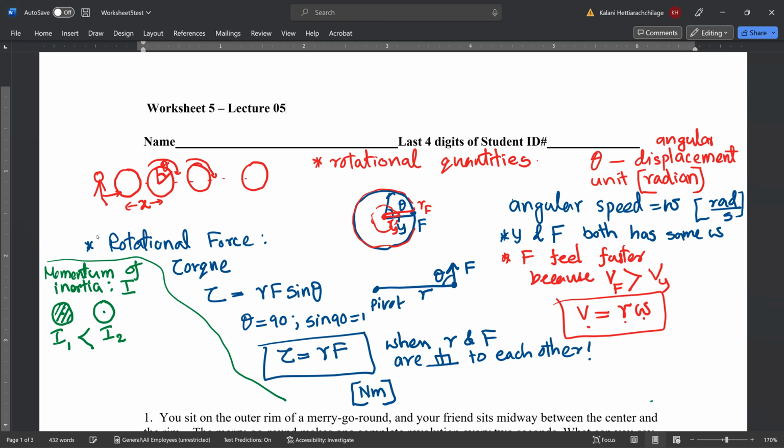But in this one you have masses everywhere, because of that the hollow sphere has more moment of inertia. When you have more moment of inertia, that will basically slow down the motion. More moment of inertia, slow down the object. That means it has more resistance. In simple words, more resistance.